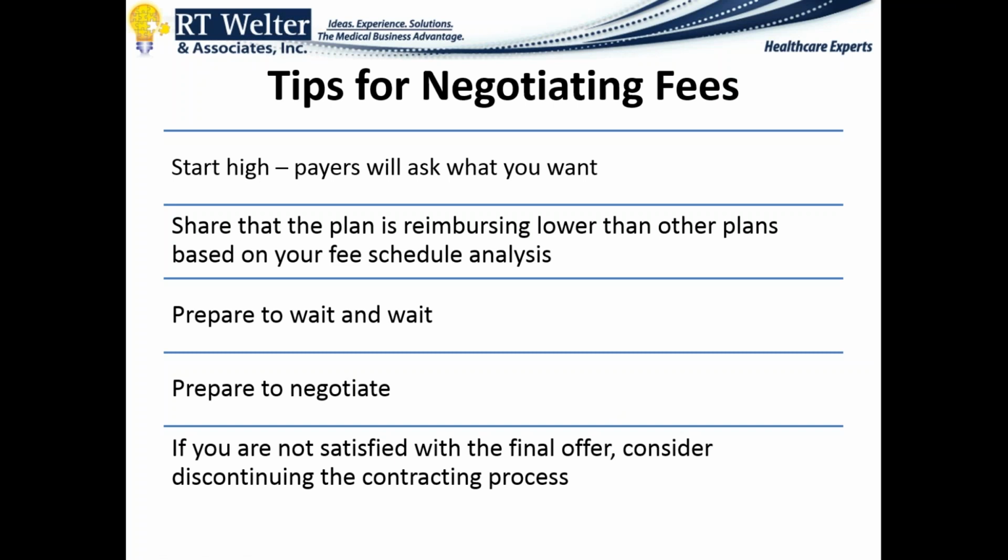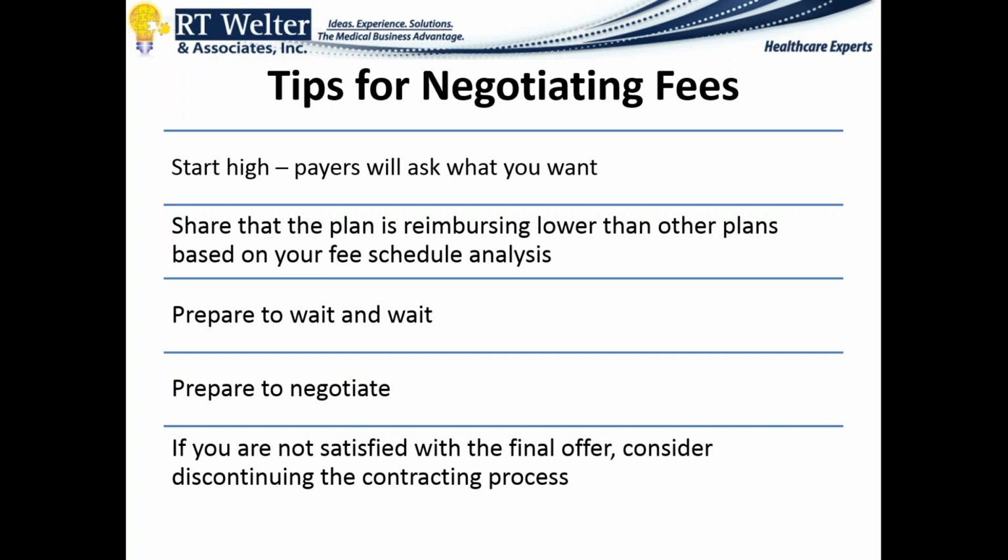Some tips for negotiating reimbursement. As I said in our example for our sample fee schedule, start high. Start at 150%. You don't know what's going on from the payer standpoint. Maybe you have more leverage than you think. And payers will always ask you, what do you want? What is it that you're after?